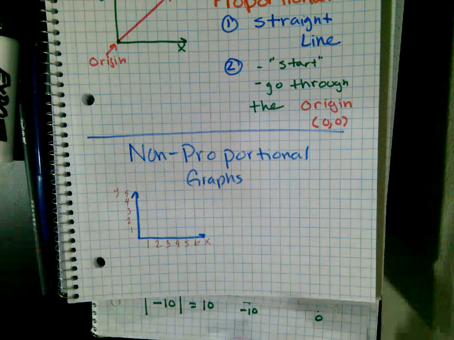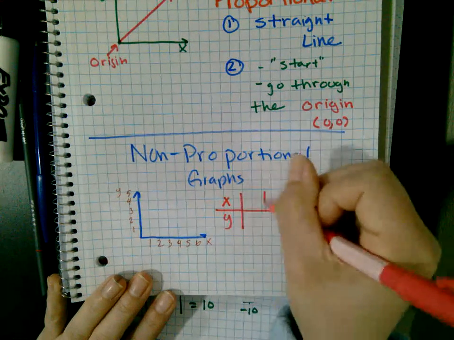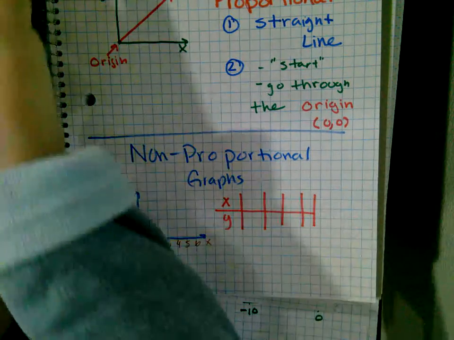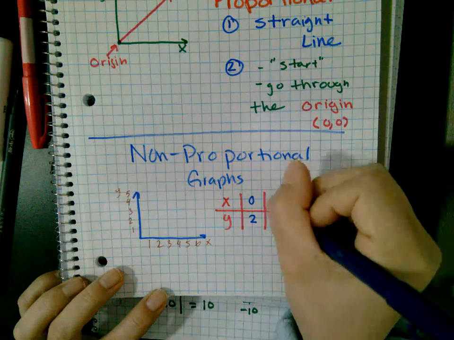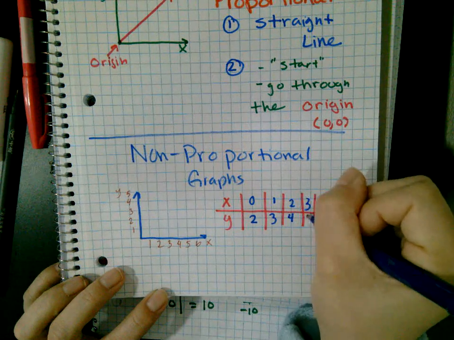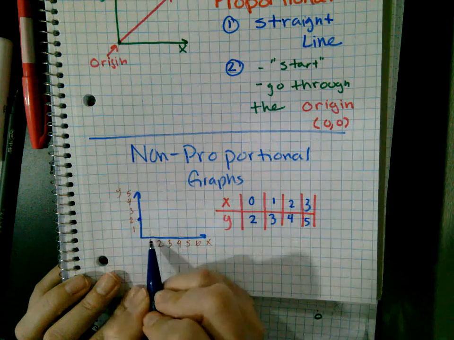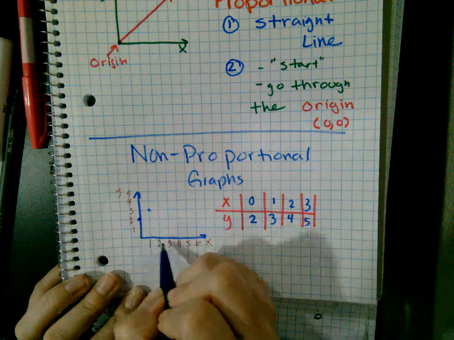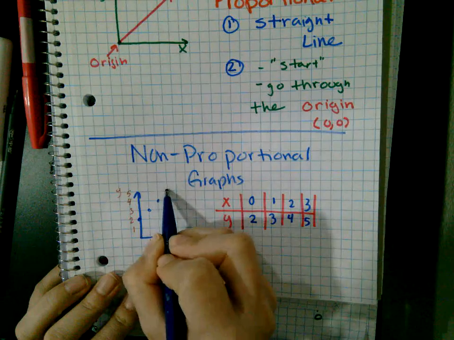And these are the points I'm going to graph. So 0, 2, 1, 3, 2, 4, 3, 5.